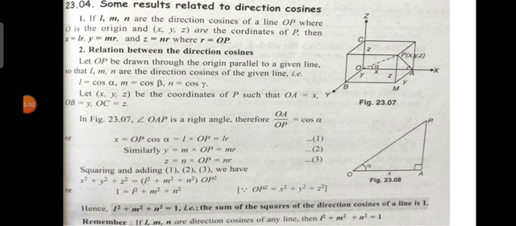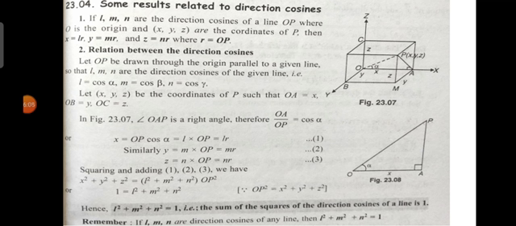If we take OP as R, then we can use the equations x equals LR, y equals MR, and z equals NR for finding x, y, z.